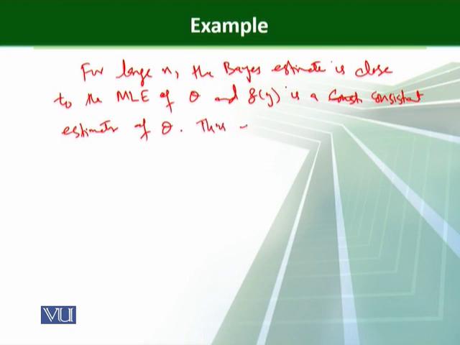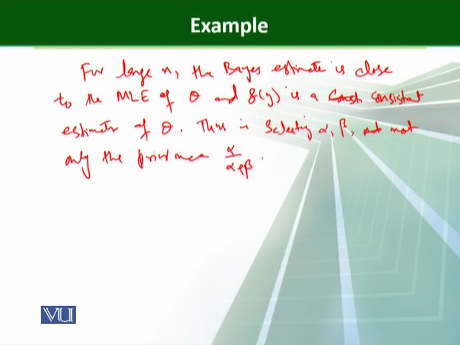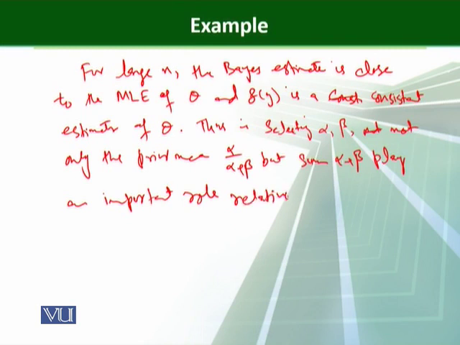Thus, in selecting alpha and beta, not only the prior mean alpha over alpha plus beta, but also the sum alpha plus beta plays an important role relative to the sample size.